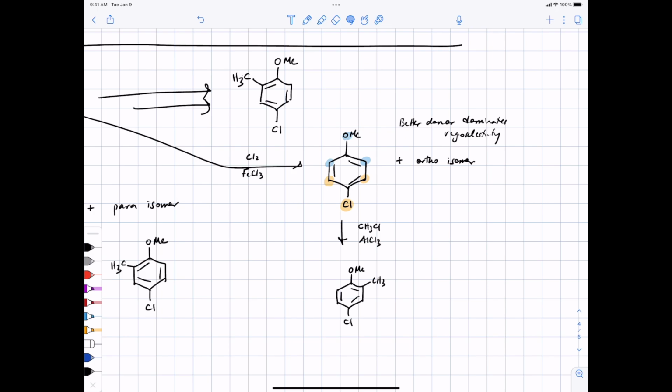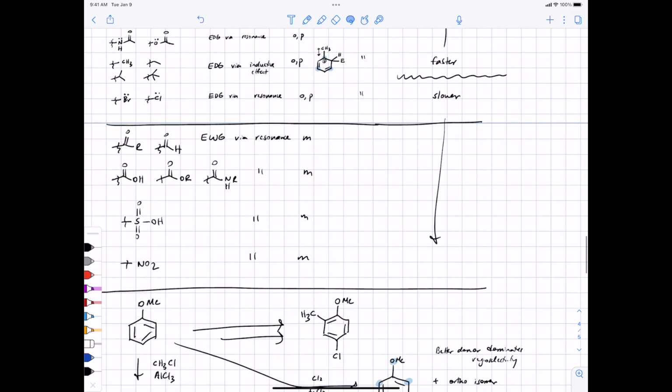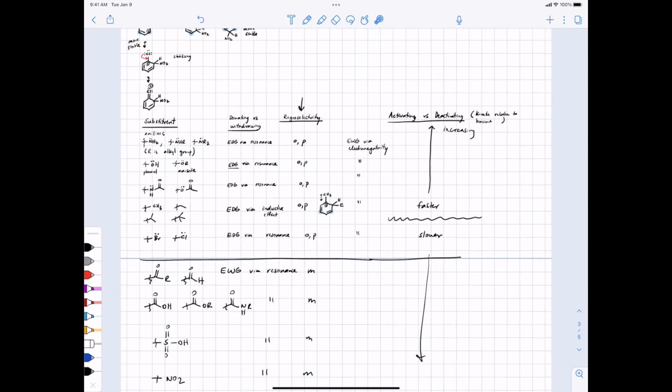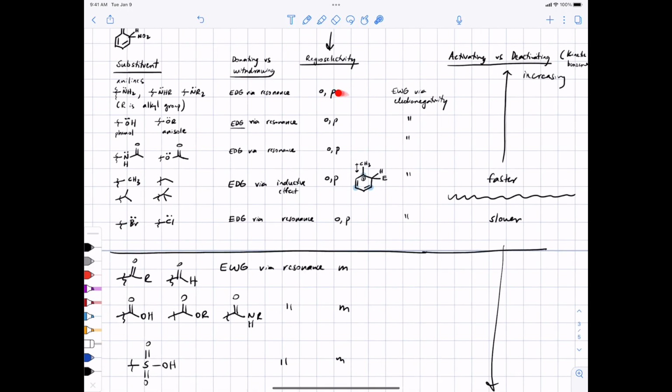Go ahead. So in case that we have two electron withdrawing groups, is the hierarchy the same, where the ones at the top are stronger than the ones at the bottom that are weaker? Okay, with two withdrawing groups. Yeah, so let me tell you, the situation you're going to be dealing with is if two donating groups oppose each other.